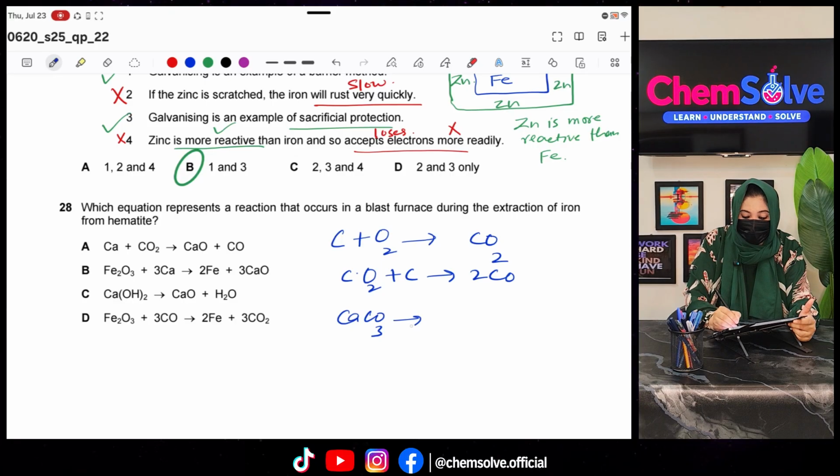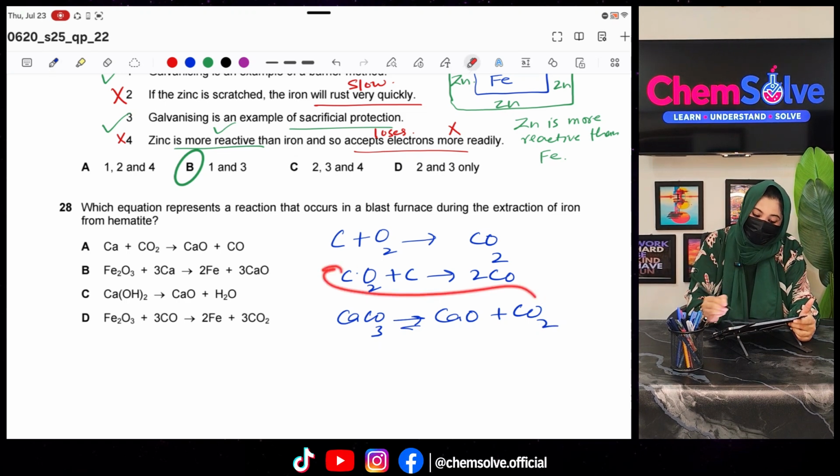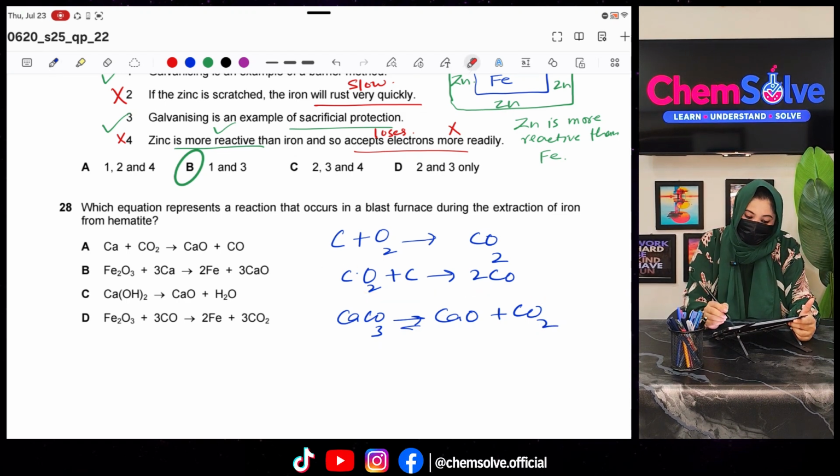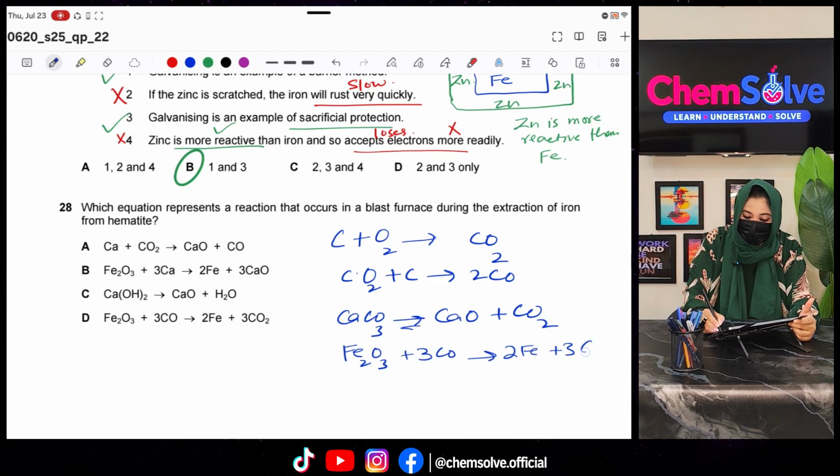CaCO3 decomposes and it forms CaO and CO2. CO2 is then used again in this equation, and then hematite or iron ore reacts with the reducing agent and forms iron and carbon dioxide.